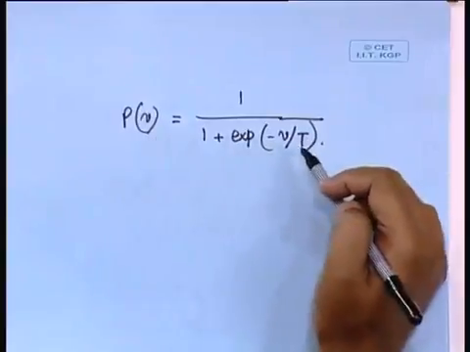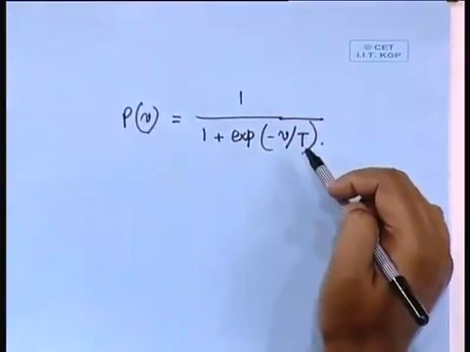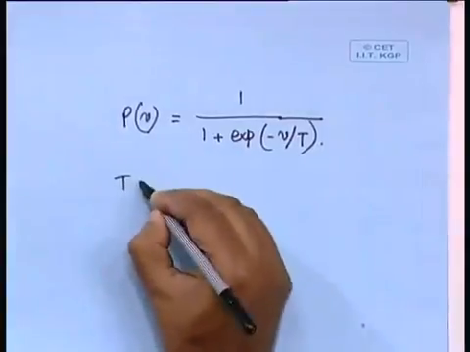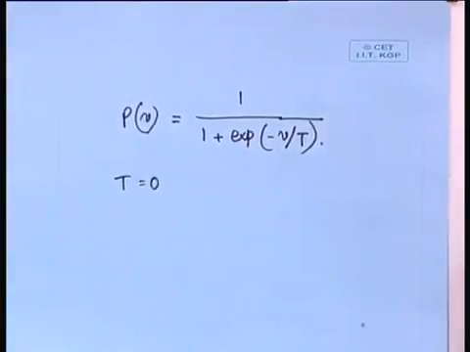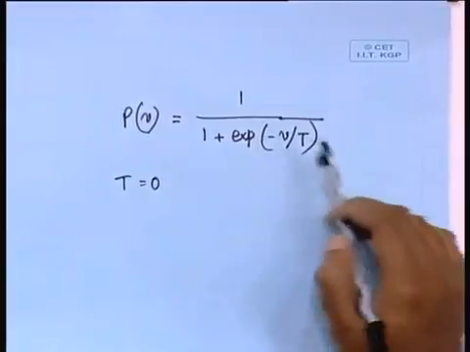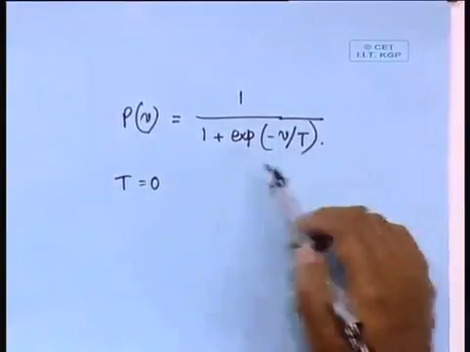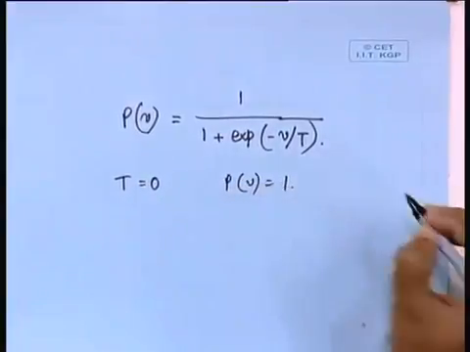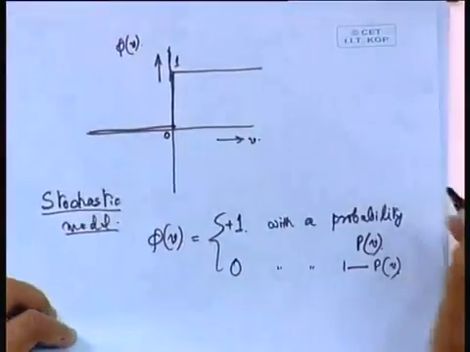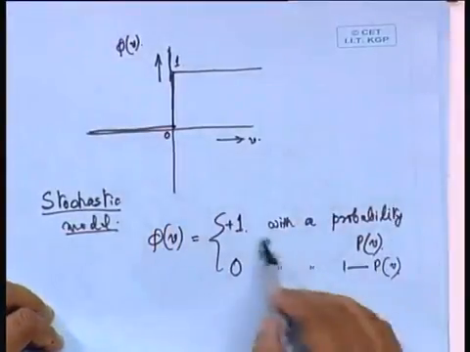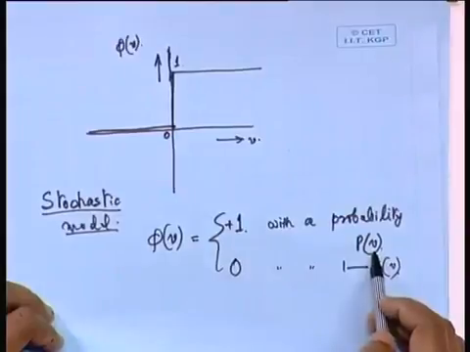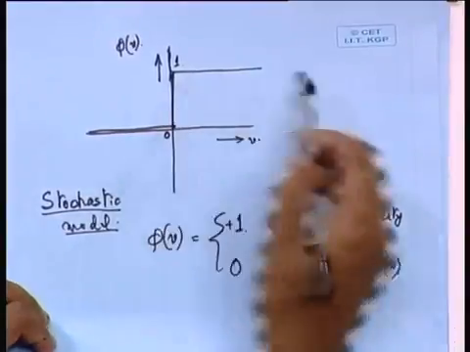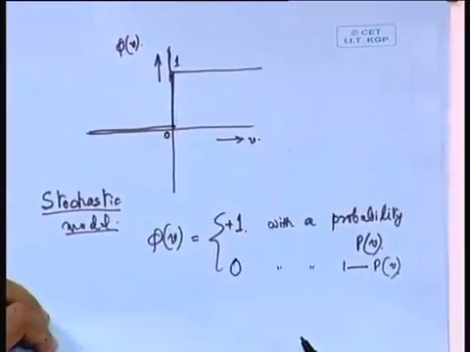If we take T equal to 0, what's going to be the probability? The expression is going to be exponential to the power minus infinity, so 0, and P(V) is going to be equal to 1. That means it boils down to the deterministic McCulloch-Pitts model, because phi V equal to plus 1 with probability 1 is the same as the McCulloch-Pitts model.